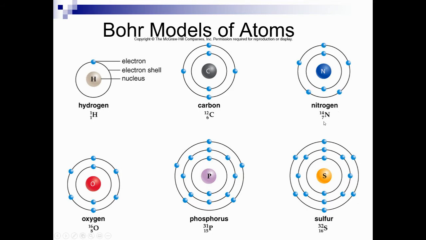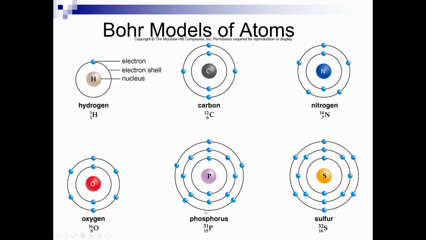I can keep putting them in the second orbital. So nitrogen with 7 protons, 7 electrons: 1, 2, and then 1, 2, 3, 4, 5 in the second shell. I can keep putting them in this second shell until that has 8. So oxygen, with an atomic number of 8, has 8 electrons: 1, 2 in the first shell, 1, 2, 3, 4, 5, 6 in the second.